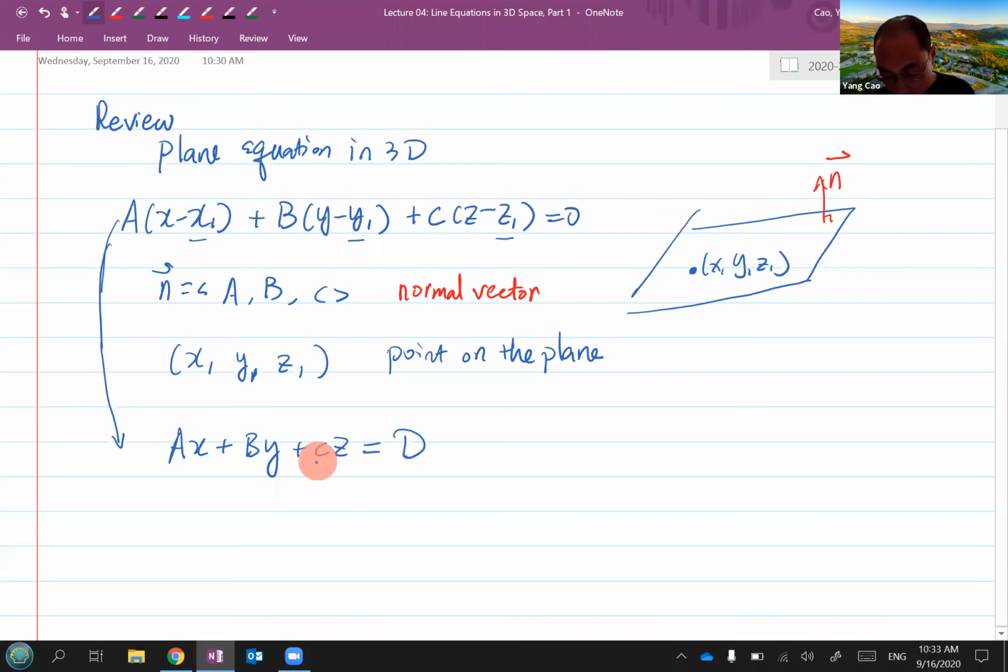Right? So your A, B, C is still the coefficients for the equation, except you moved all the constant terms into the right side and then call it a capital D. Okay. So this is an alternative way of writing a plane equation. Starting from here is always helpful.